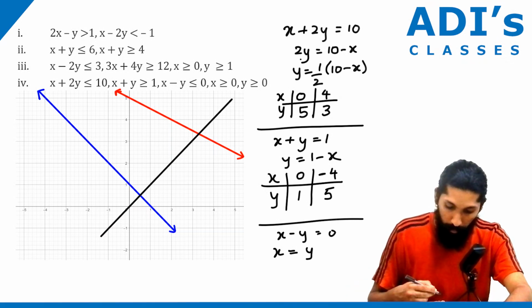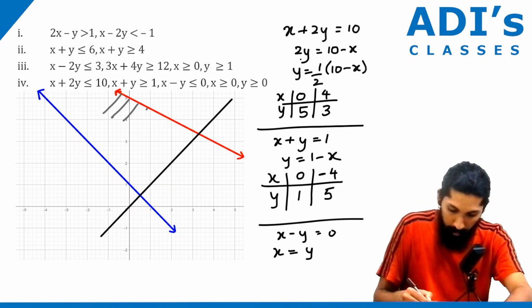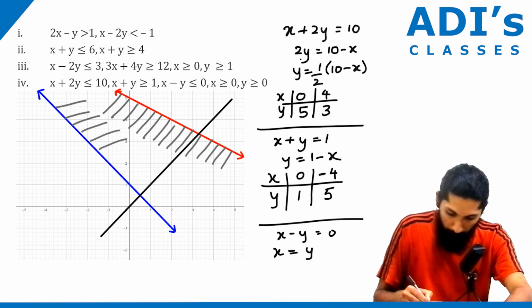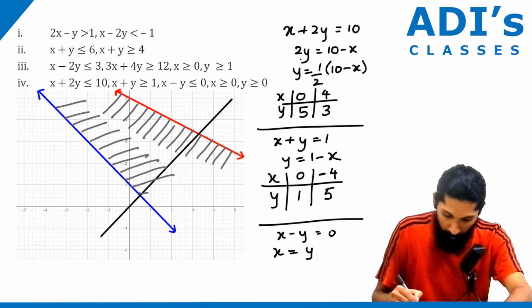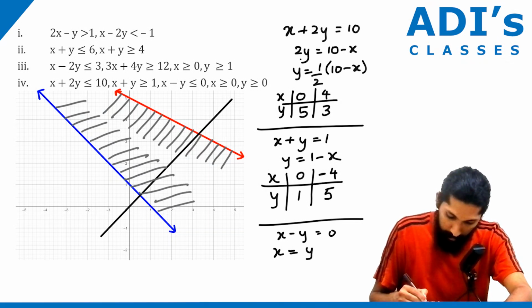Okay, so first one, it's lesser than this one, so it's going to be like this. Next one, it's greater than this. Next, it's greater than the y-axis and x-axis.